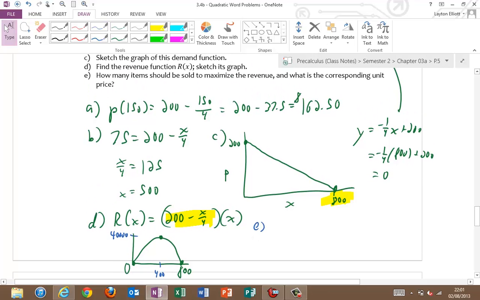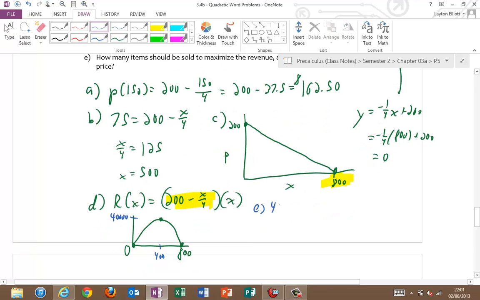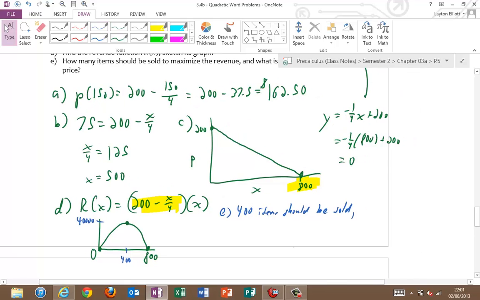How many items should be sold to maximize the revenue? And what's the corresponding unit price? I know that 400 items should be sold. And the price is P of x, it's not R of x. So don't plug it into the R of x. I know I need to plug it into P of x.